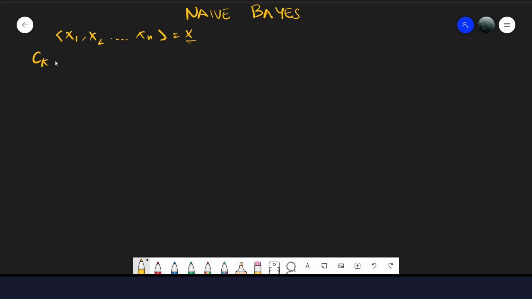So now basically in this problem, I need to find out to what class all of my features belong. If I have to write this mathematically, I can write it as the probability that the class is ck given that our features are x.